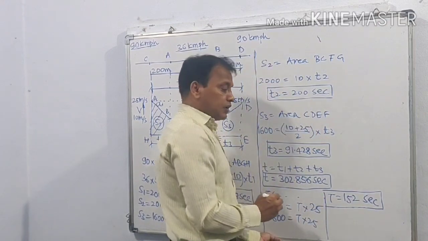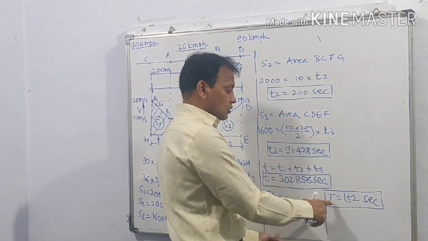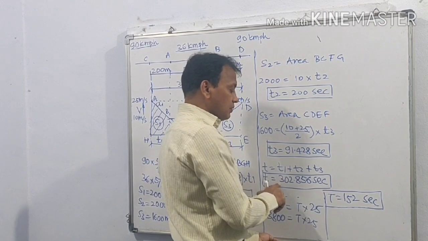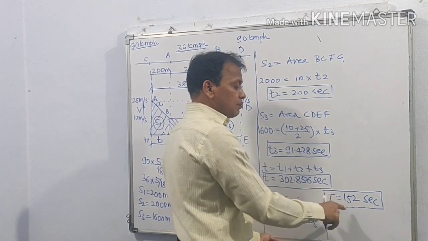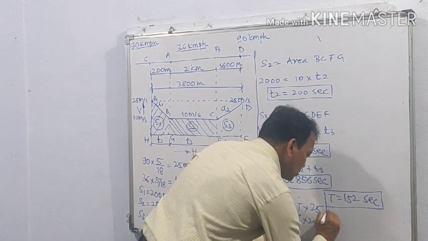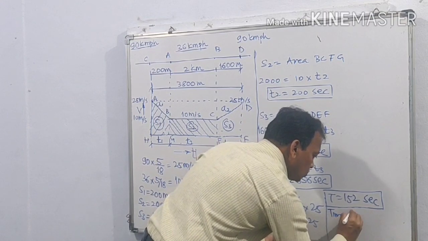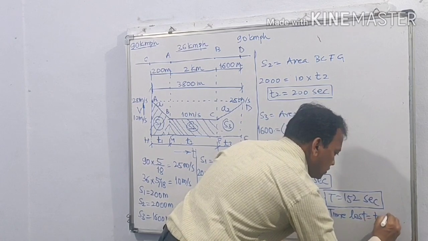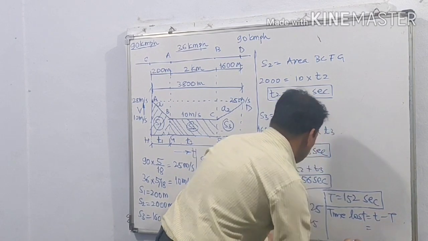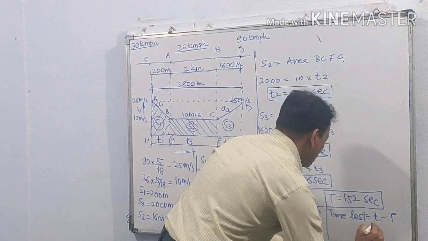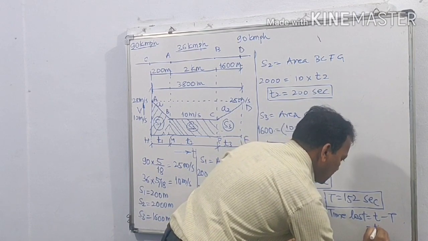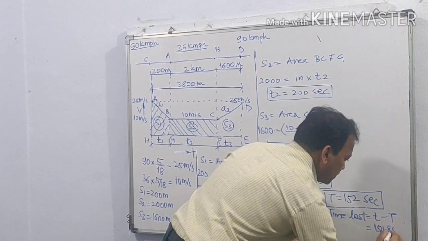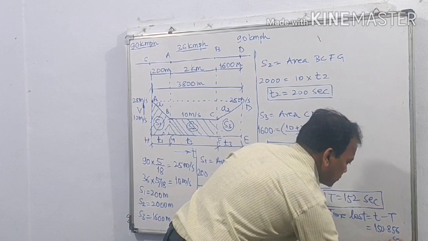Time lost due to repair work. So this time 302.856 minus 152. So time lost is equal to T minus T prime, and is equal to 150.856 seconds.